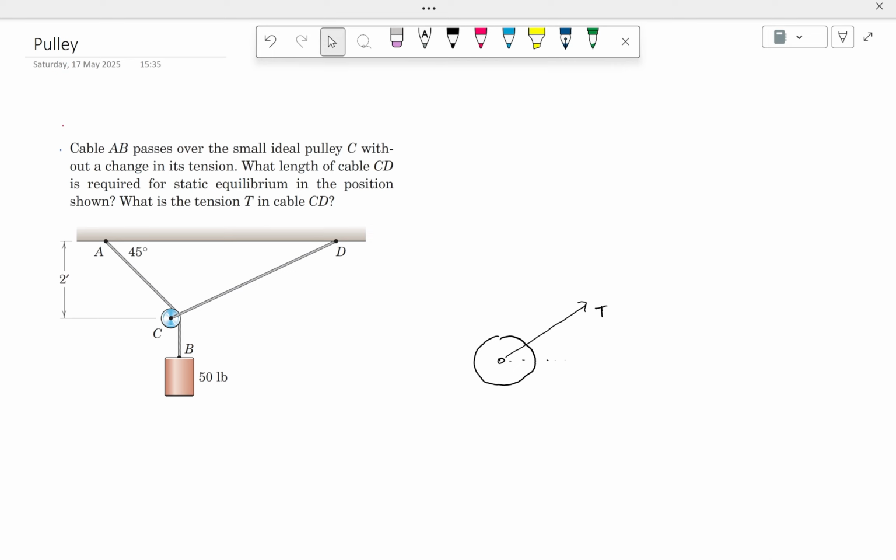Here you have T, the one that you asked, but the angle is unknown now because the angle depends on the equilibrium.